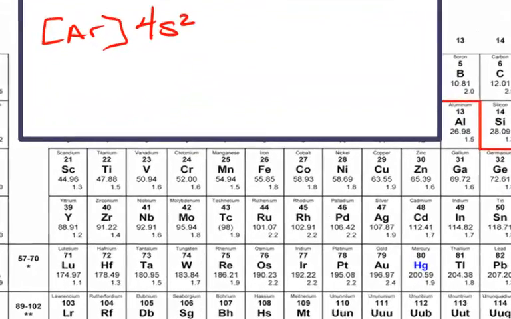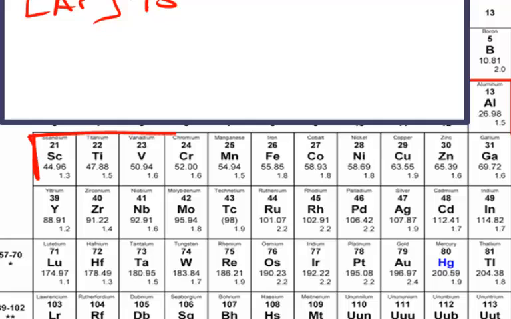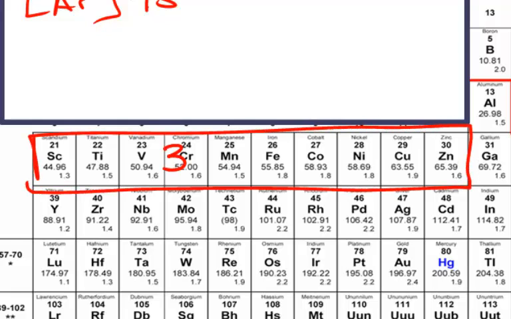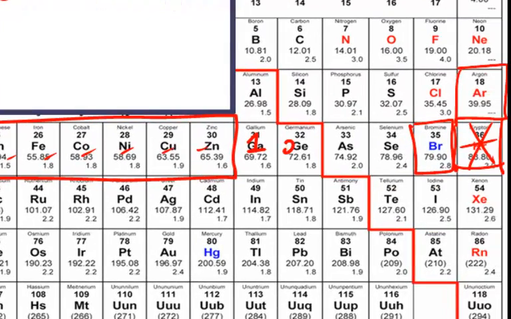And remember, according to the diagonal rule, this section of the periodic table is 3d. And there's 1, 2, 3, 4, 5, 6, 7, 8, 9, 10, so 3d10. And bromine is the 1, 2, 3, 4, fifth element in the 4p sublevel.